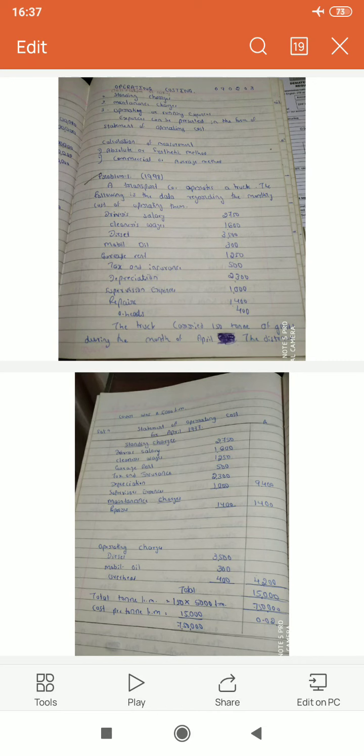At the rate of 0.02 per ton kilometer, the party concerned has to pay the freightage to the truck owner. Thus, this is the operative mechanism associated with operating costing.